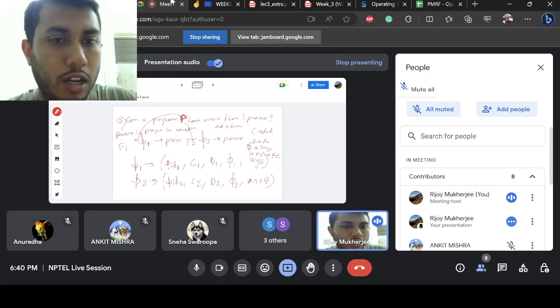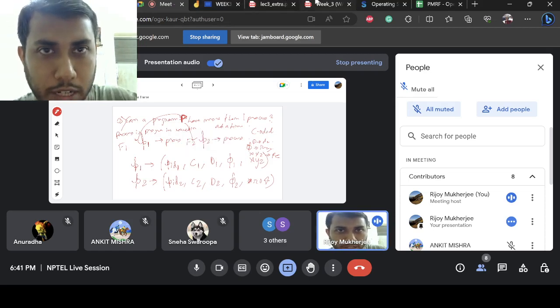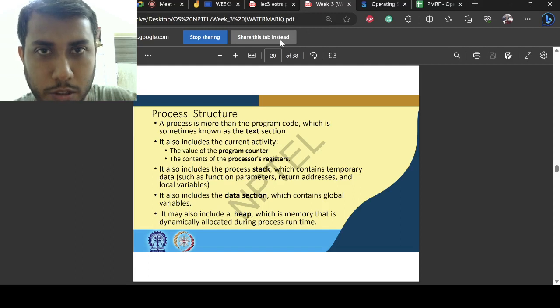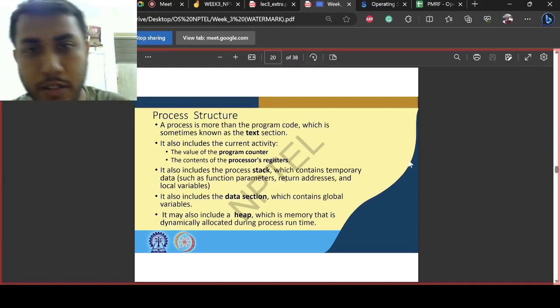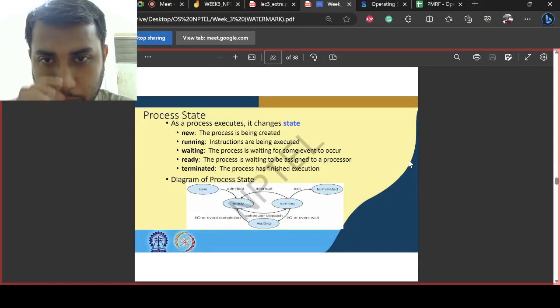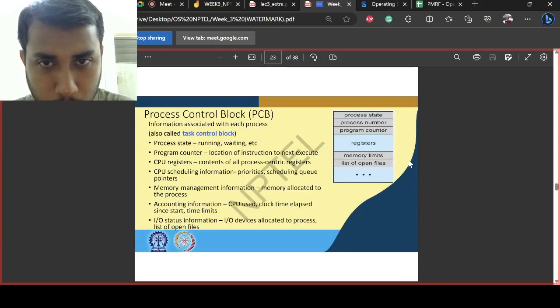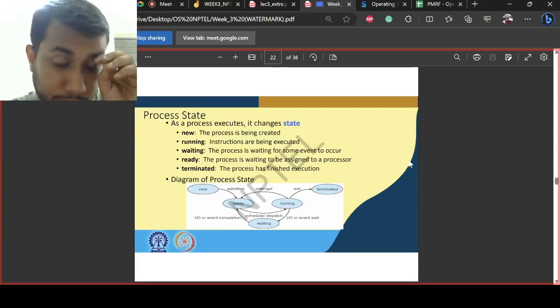So here is how a process works and how the contexts are there. Let's get back to this process thing. This we know. Now let's come to how a state occurs.